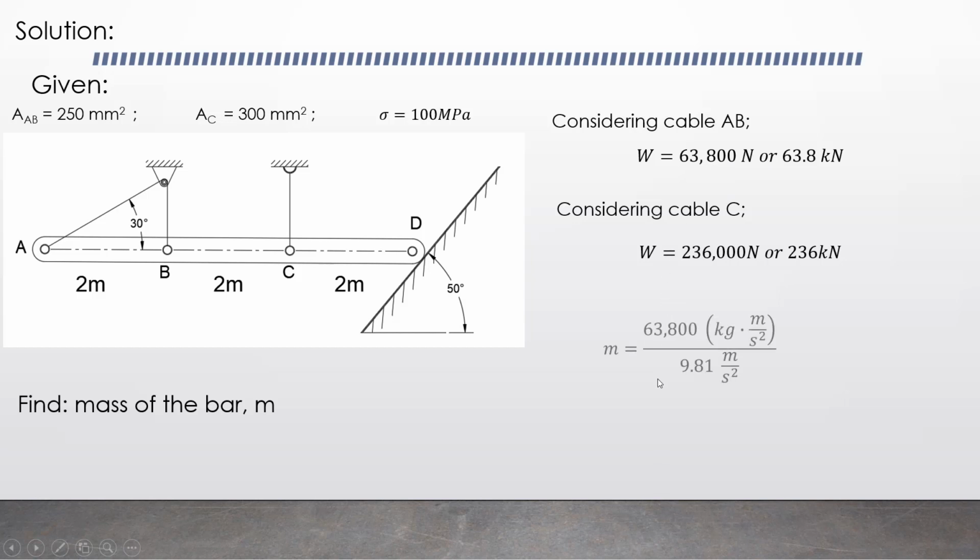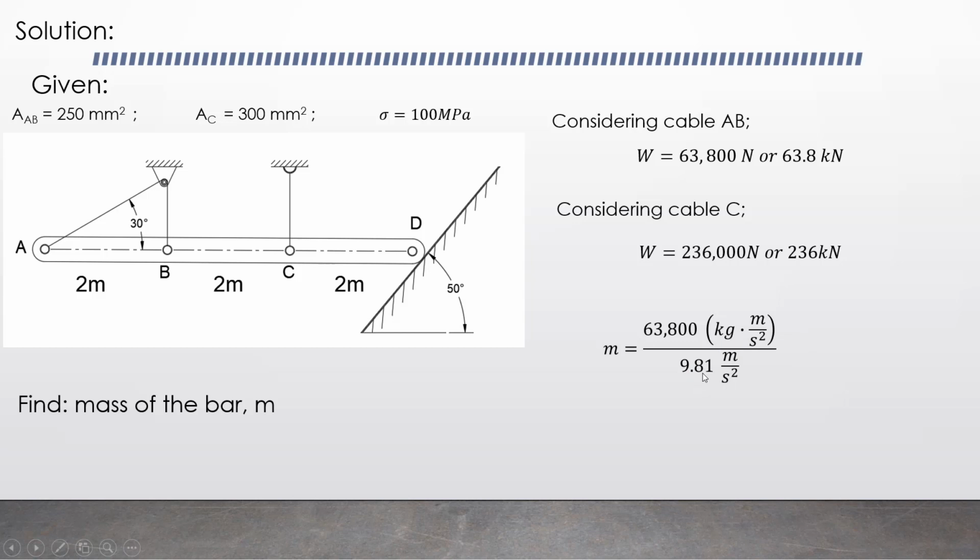We know that mass is equal to the weight over the gravitational acceleration, which is 9.81 meters per second squared. Newton is equal to kilogram times meter per second squared. When solving problems, always consider the units, guys, because just knowing the units, you can formulate your equation.